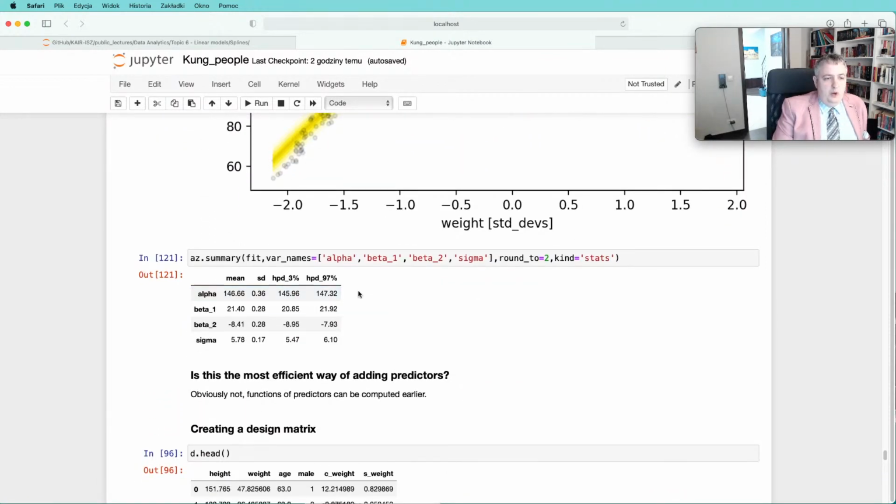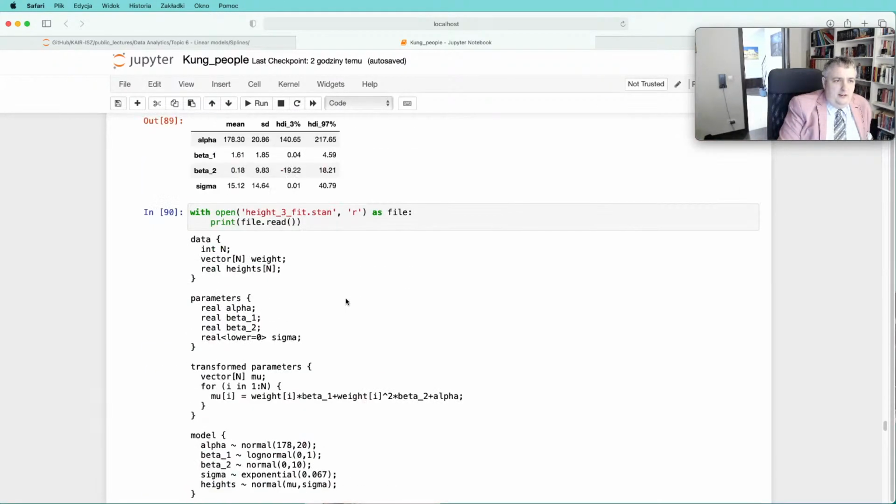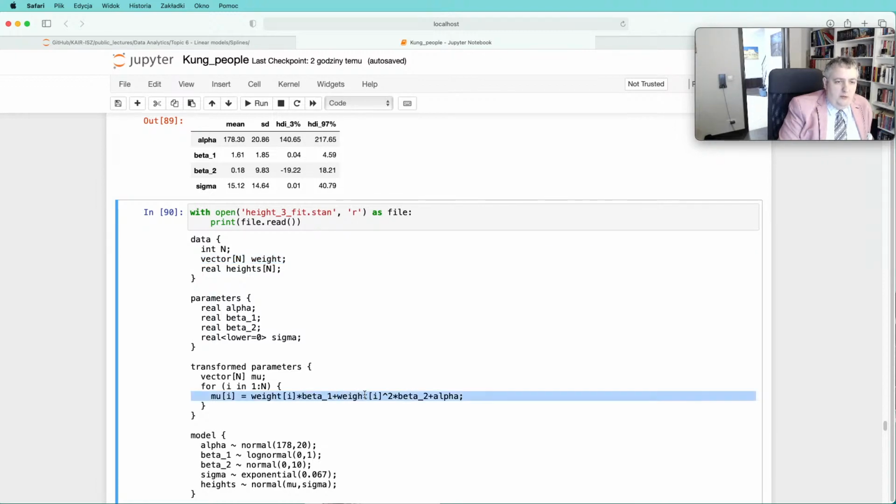Again, we need to get the parameters estimated. So here we've provided our data and our model in Stan with weight, and we've computed the square of weights.